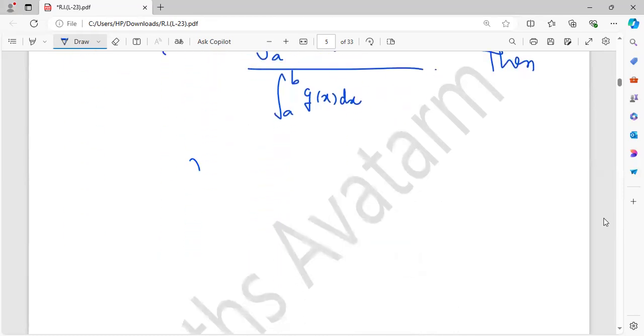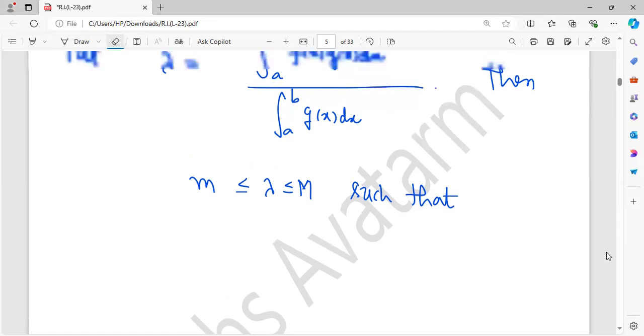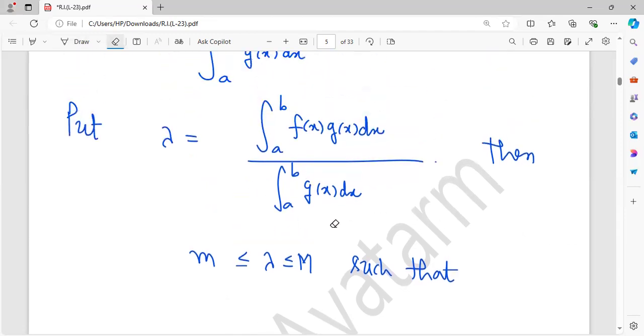Then lambda lies in between m and M, and we can solve this equation.